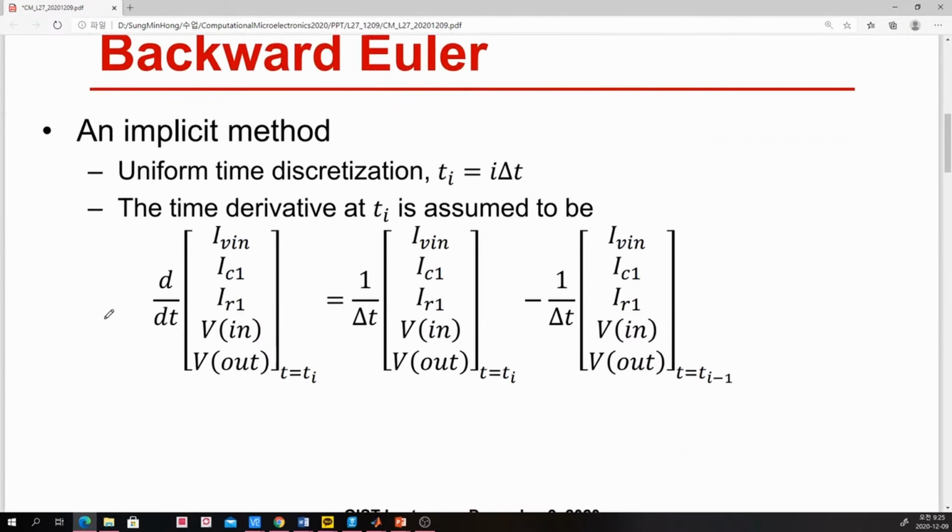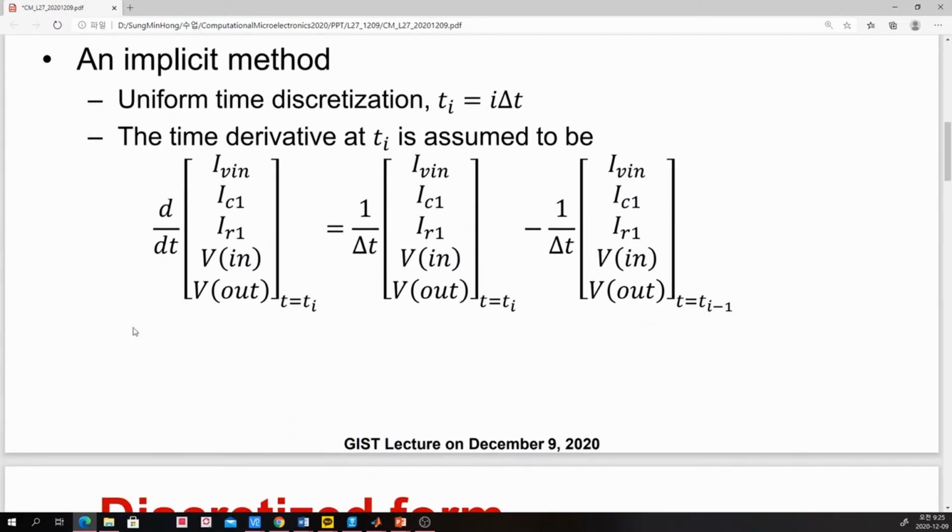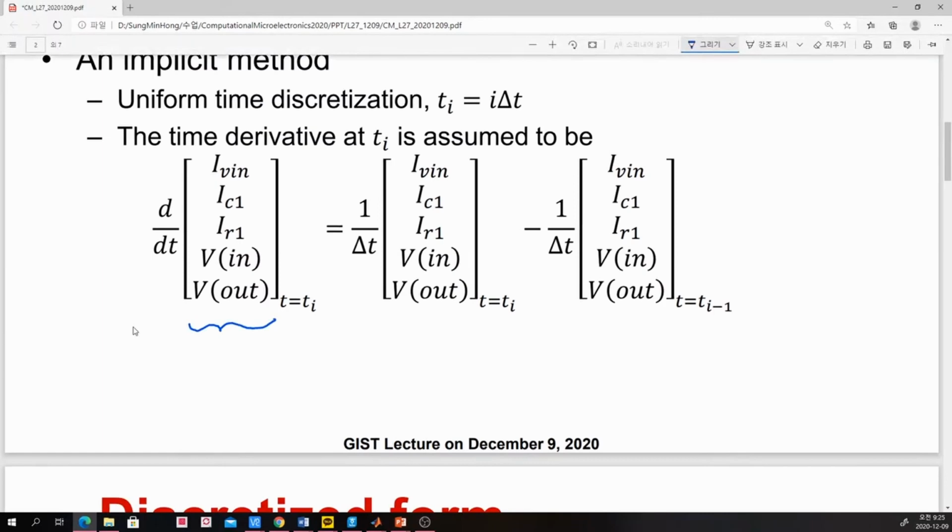So in the previous lecture, we discussed the Backward-Euler scheme for time discretization. We assume uniform time discretization. After that, every quantity, this is the list of solution variables, and its time derivative is approximated.